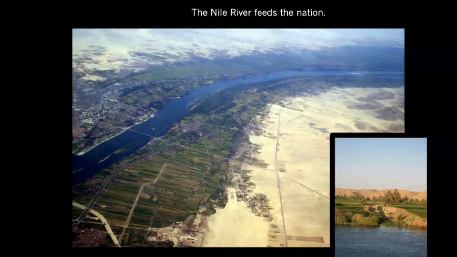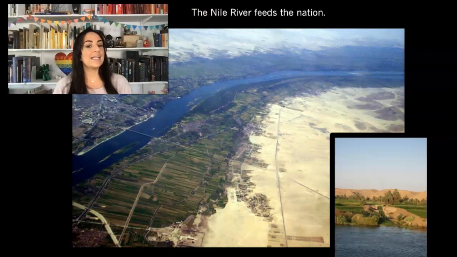The seasonal flooding of the Nile comes from the south, where the rain in Ethiopia will flood and swell the river. It will then rush down to the Mediterranean and it will overflow its borders. Now, oftentimes we think, oh no, flood, that's bad, right? Not in ancient Egypt.